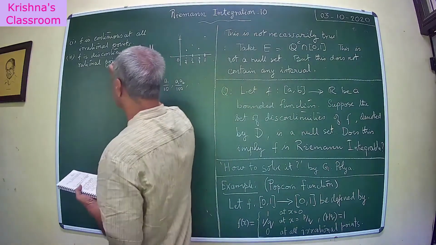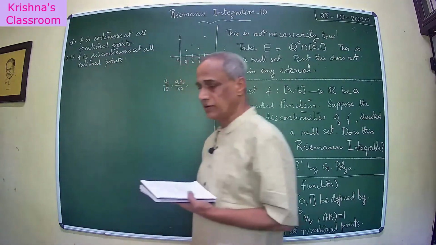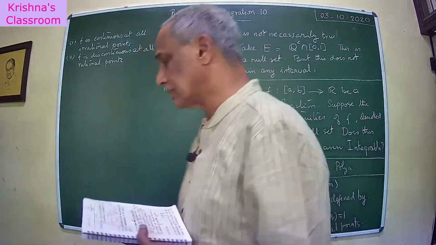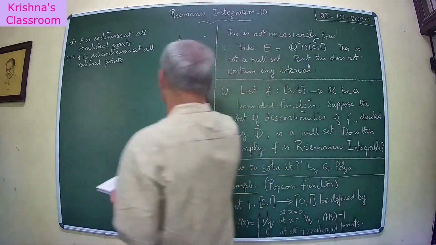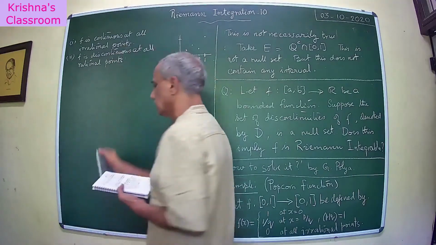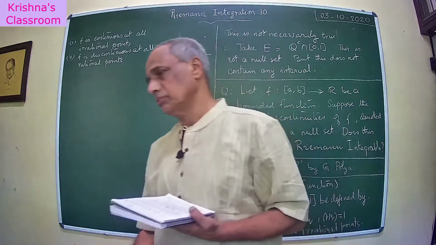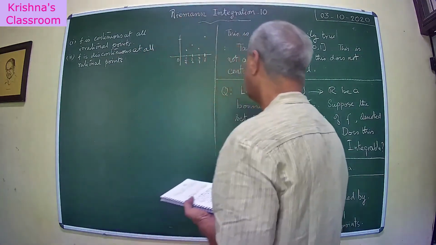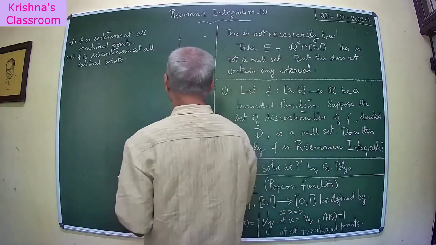Whereas at rational points, the function is discontinuous, because at rational points, certainly the value of the function is not equal to 0. So what happens?